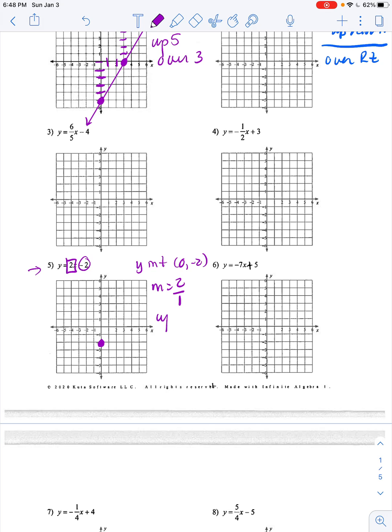So since it's positive, I'll go up 2 and then over 1 from my start point. So up 2, over 1, up 2, over 1, up 2, over 1. However many points you want to have to be as straight as possible. And then you graph from there. So if it's a whole number like that, just keep in mind that that means it's over 1 when you go to do your counting.